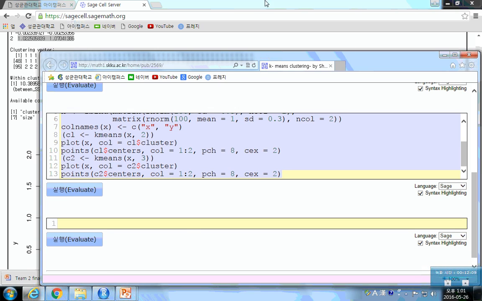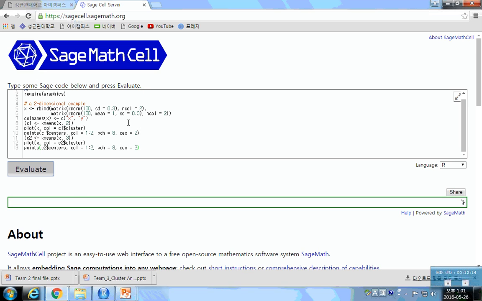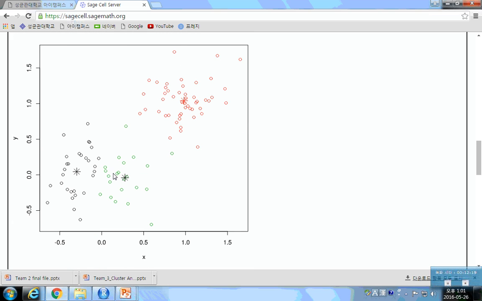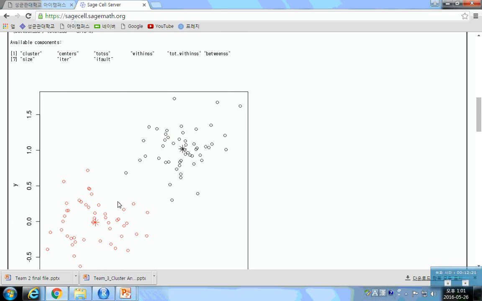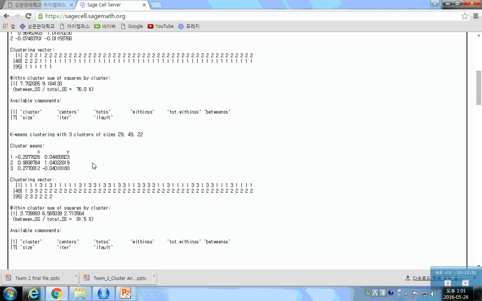What about if we take 3 clusters? Here we take 2, but when we take 3, some problems will happen. Here we can see, when we take 3, the x means are like 0.29, the second one is 0.98, the third one is 0.7.